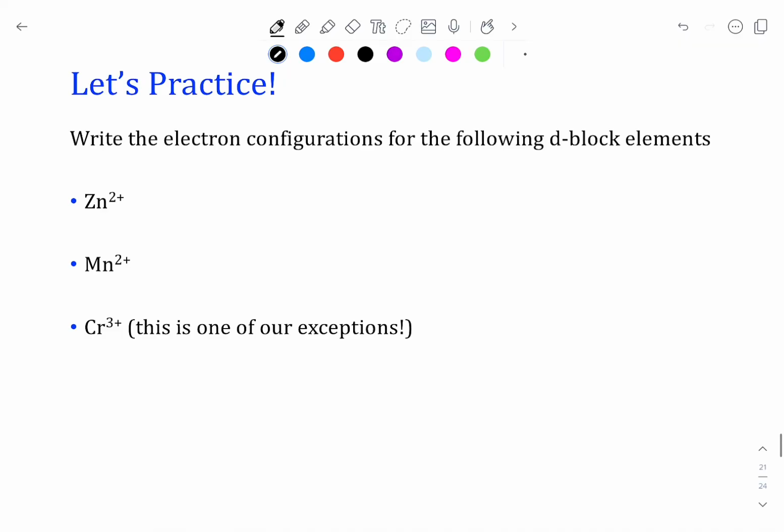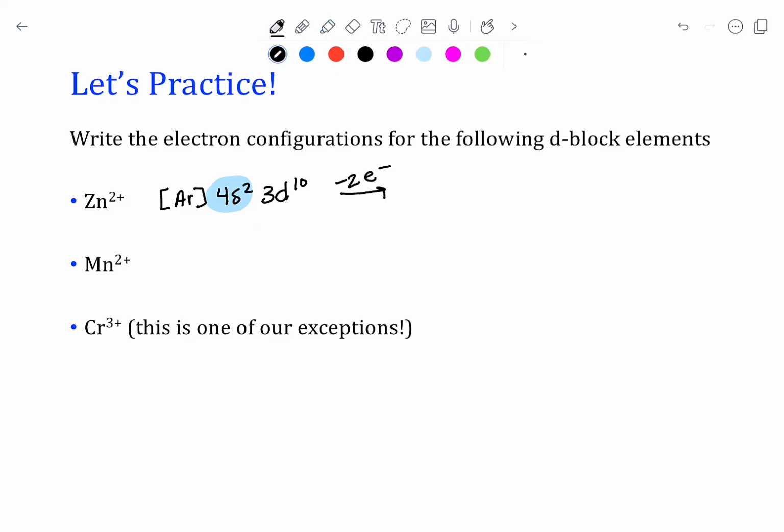So let's practice a few of these for our D block elements. So we have zinc 2+. Zinc has an electron configuration of argon 4s2 3d10. And if I want to remove 2 electrons to create a 2+ charge, those 2 electrons are going to come from the 4s.